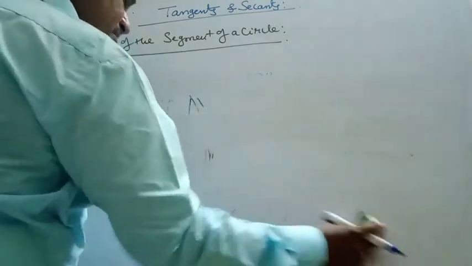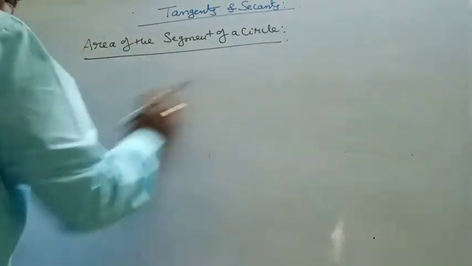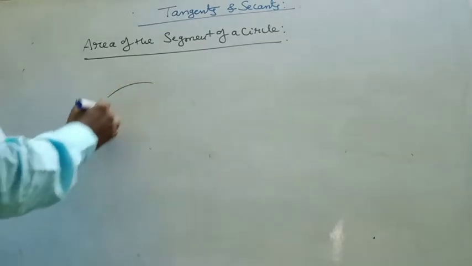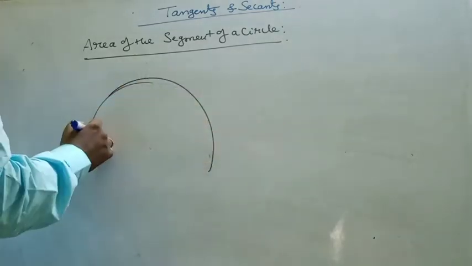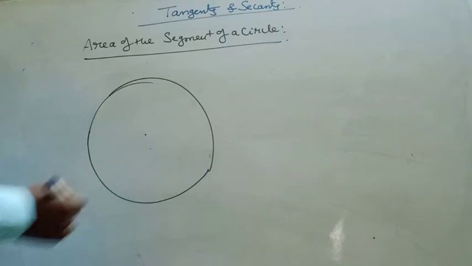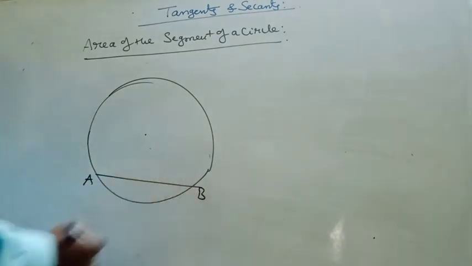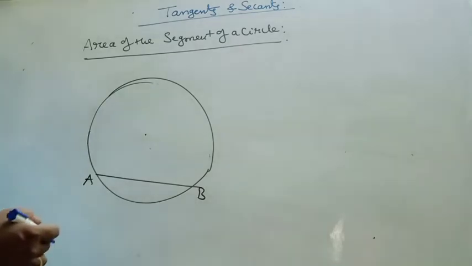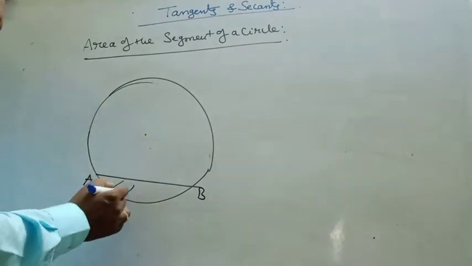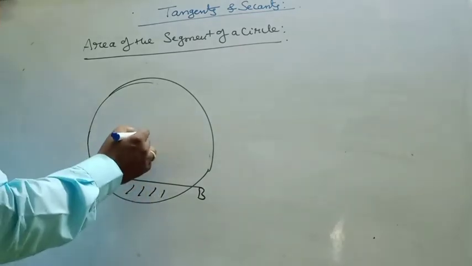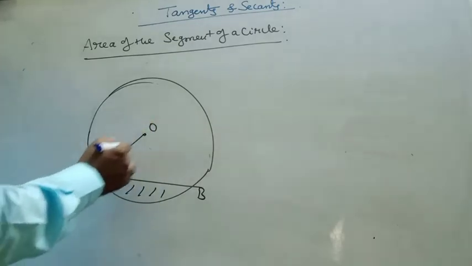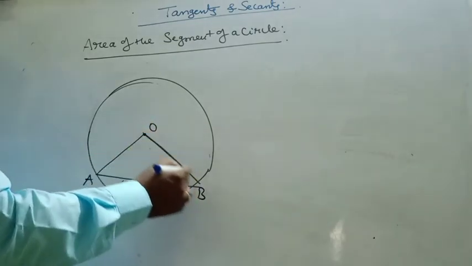You see, my dear students, the circle is like this. I am having a segment; as I told you, AB is a segment. I want to find this area. For this, let us take this total sector like this.